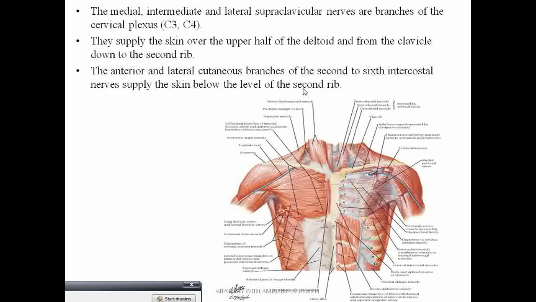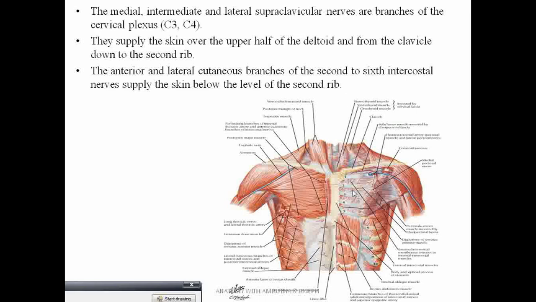Anterior and lateral cutaneous nerves are branches of second to sixth intercostal nerves, which supply the skin below the level of the second rib. Up to the level of the second rib, we have seen that it is supplied by the supraclavicular nerves. What about below that area? That is supplied by second to sixth intercostal nerves. Intercostal nerves are seen in the intercostal space.